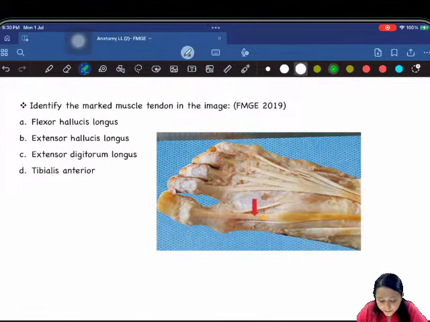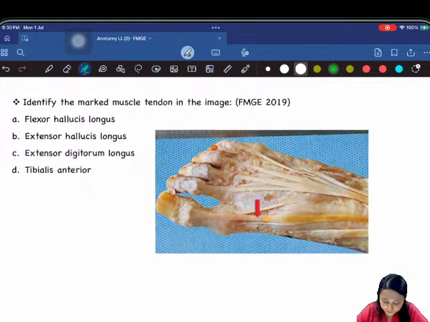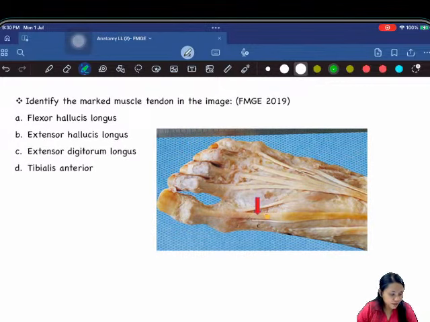Now identify the marked muscle tendon in the image. They have given flexor hallucis, extensor digitorum longus, and tibialis anterior. Anybody on the chat box who can answer this question? First and foremost, if you see the image, it is the extensor compartment, so there will be no flexor in the extensor compartment.